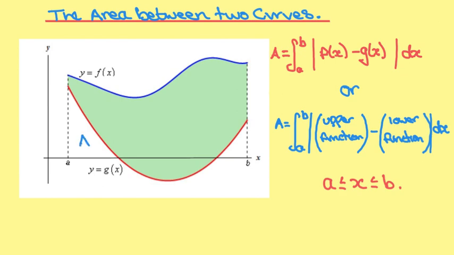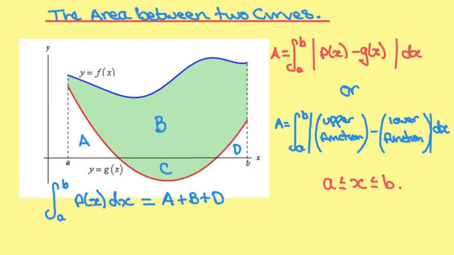So this section is A, this green section above the line is B, the green section below the line is C, and this section is D. So if I now integrate between a and b, f of x dx, that is equal to the sections A plus B plus D. If I then integrate between a and b, g of x dx, that is equal to the sections A minus C, because it is below the line, plus D.